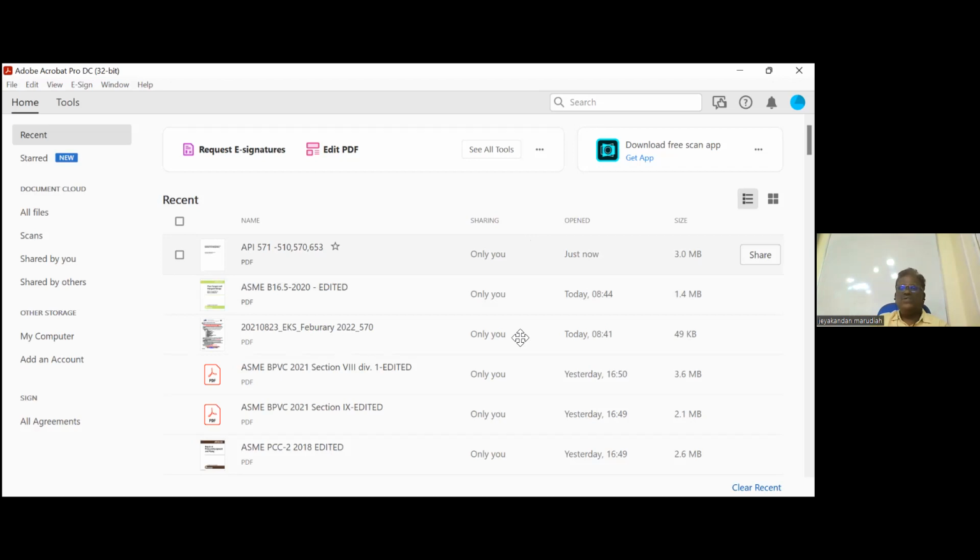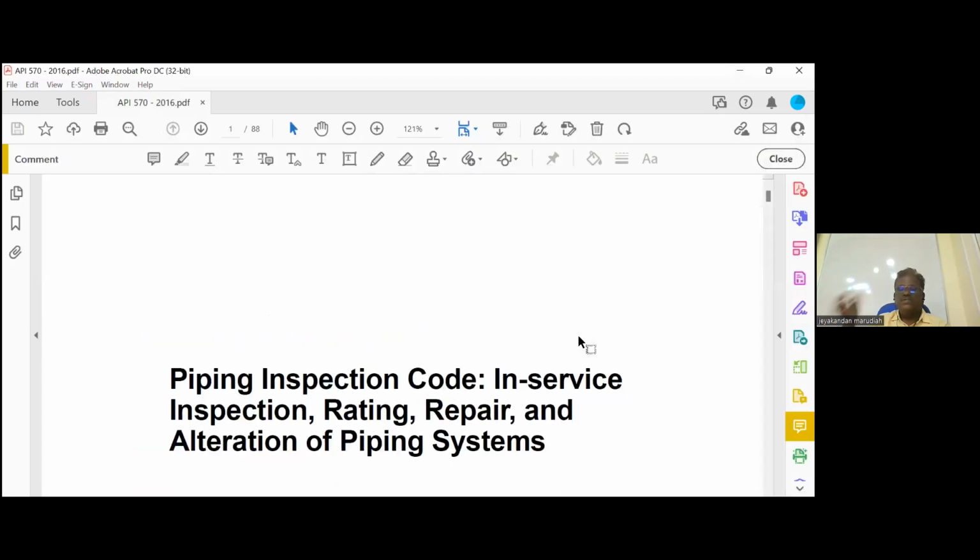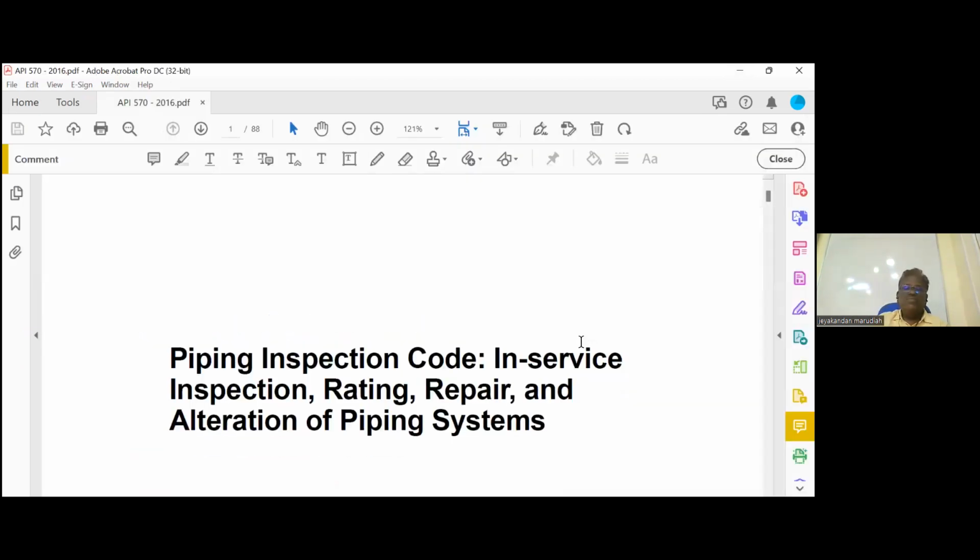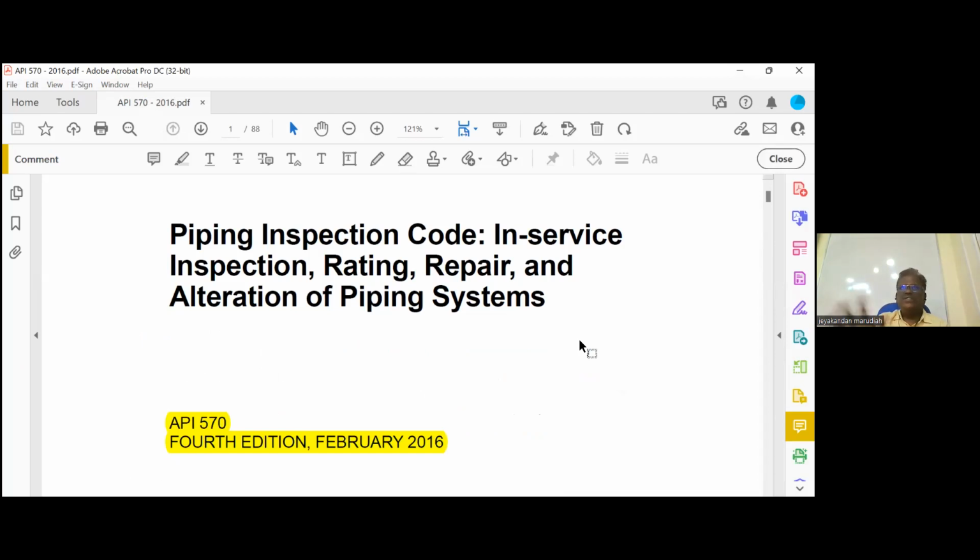Introduction to 570 will start. Understanding is important. 570 is the most important code. I will just take an introduction class tomorrow morning. So in the afternoon, as I said, we will review B31.3 today.